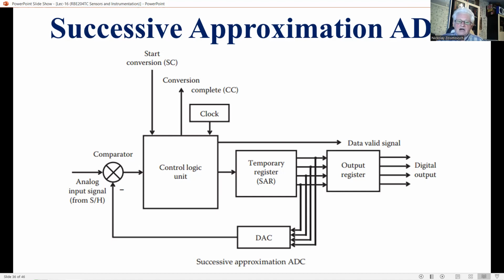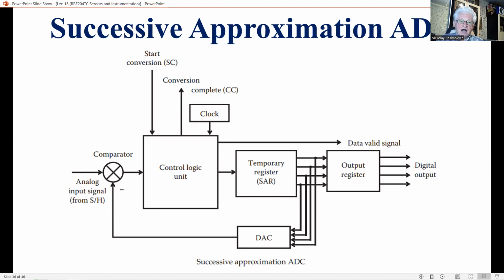When a start conversion control pulse is sent into the control logic unit by the external device that controls the operation of the ADC, no new data will be accepted by the ADC unit. A conversion complete pulse is sent out by the control logic unit.